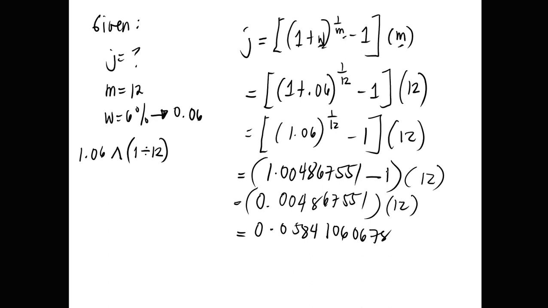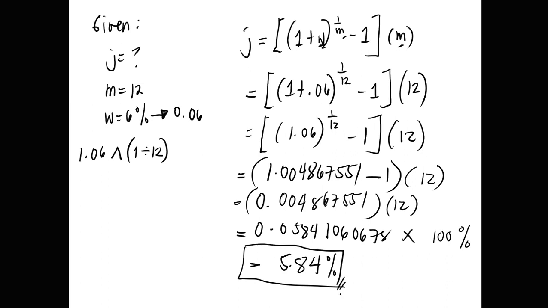And then after that, multiply it to 100 and then write the percent sign. And that will be the nominal rate. So we have 5.84%. Make sure po na i-round off po siya into 2 decimal places, ha?